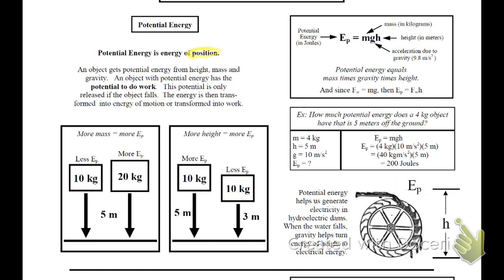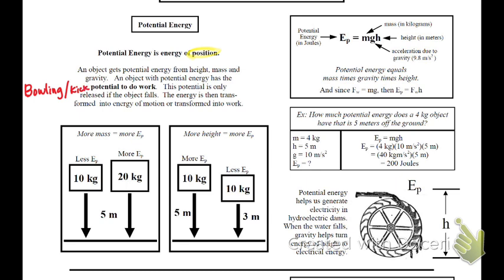Because potential energy is related to height and mass, if you have more mass, then you're going to have more potential energy. And if you're higher, you'll also have more potential energy. You can think about this like a bowling ball versus a kickball.